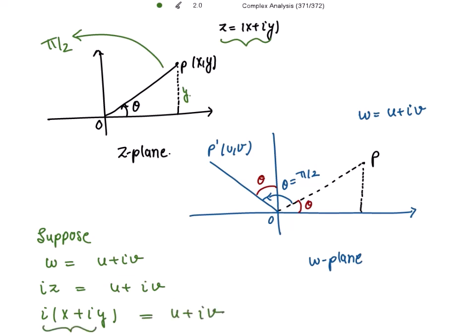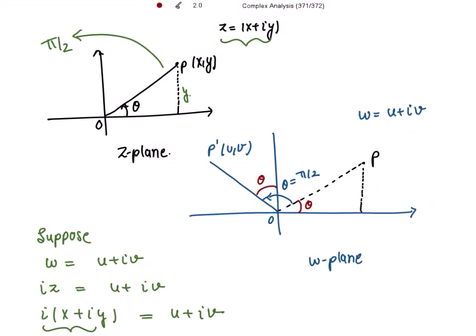On solving this we get iota x minus y is equal to u plus iota v. Comparing the real parts we get u equal to negative y, and comparing the imaginary parts we get v equal to x.